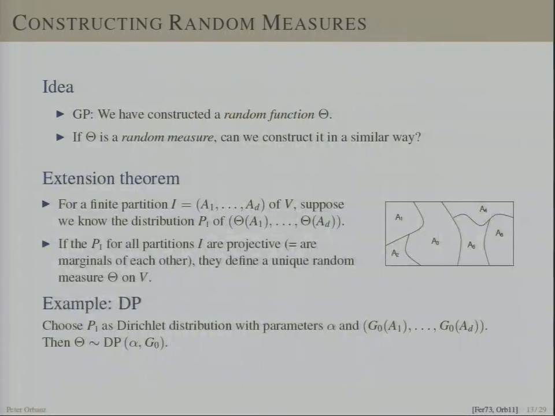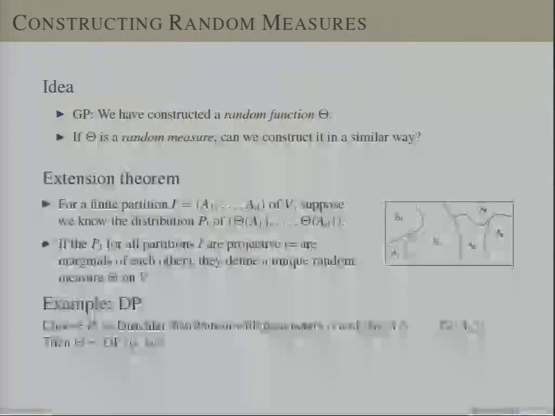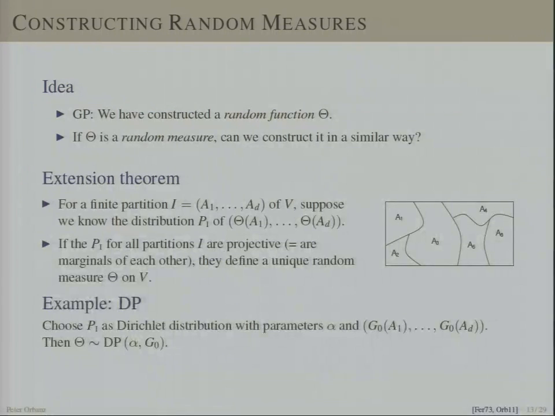Okay. All right. So once again, if we know the distribution of this finite random vector for any possible choice of sets, then together that forms our family of finite dimensional distributions.